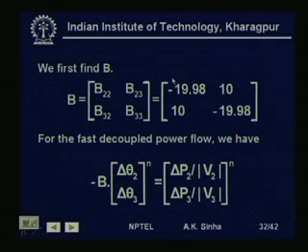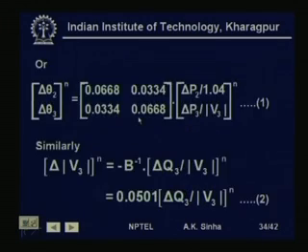So, B is given like this, and for the Q equation we have only bus 3. So, the bus 2 row and column is eliminated and we have only B33 available. Using this we get del V3 as this much.